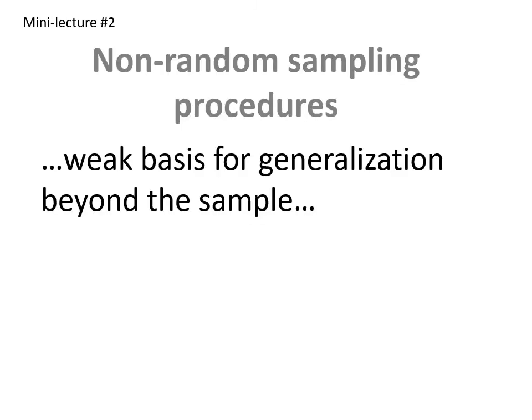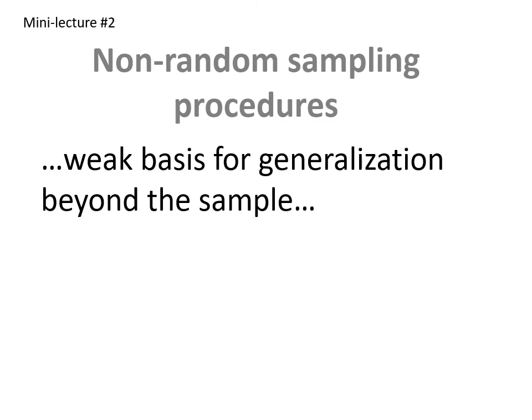The thing that you want to remember about non-random sampling is that it provides a weak basis for generalization beyond the sample. So if you want to generalize from your sample to the larger population from which it's drawn, you need a random sample. If you're not so concerned about that, then you can use non-random sampling.